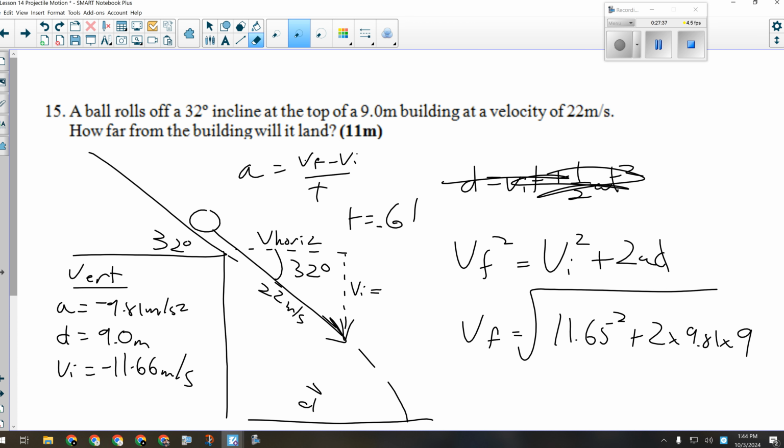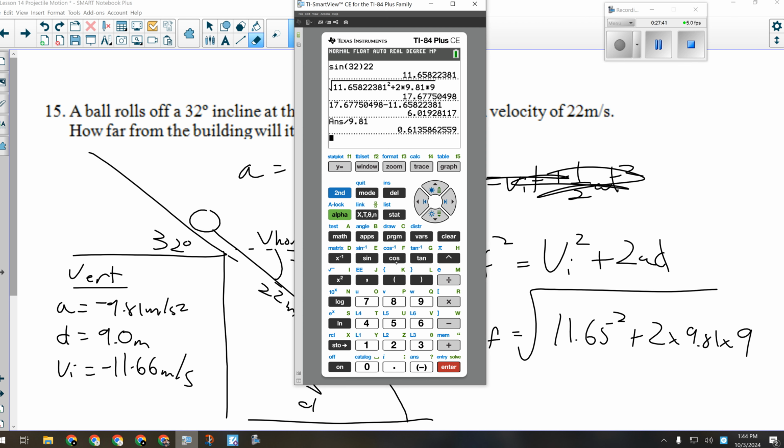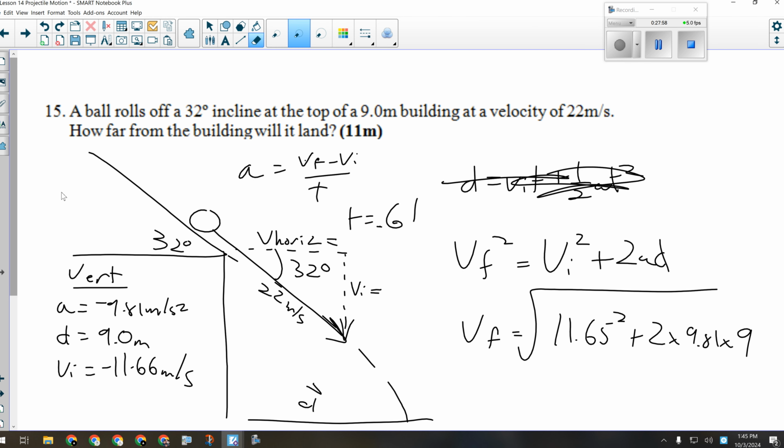Now, I forgot to calculate V horizontal, so we'll just quickly do that. Cos of 32 times 22. And then I'm simply going to multiply that by the time. So it should land 11 meters from the base of the cliff, or building, whatever it was.